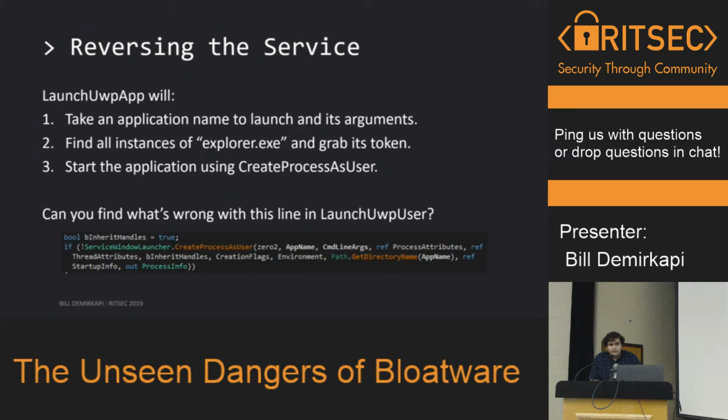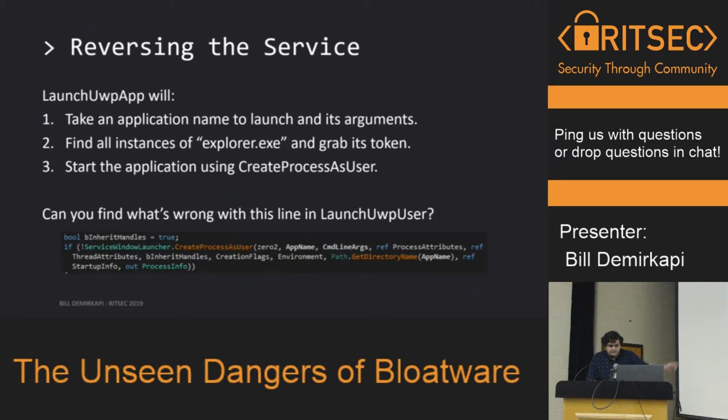So launchUWP_app takes in an application name and arguments to launch the application within its parameters. Next up, it'll iterate all Explorer.exe processes and grab its token. Finally, it will start the application using createProcessAsUser, passing the token of the Explorer process.